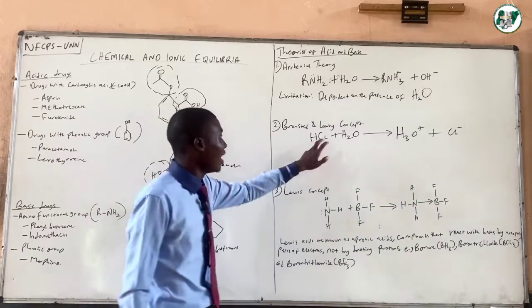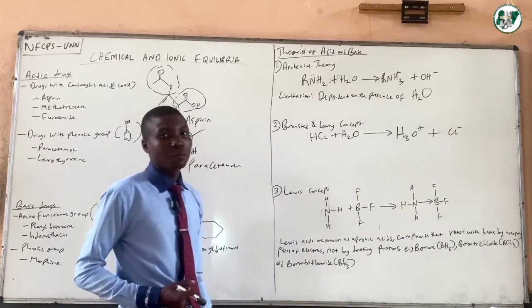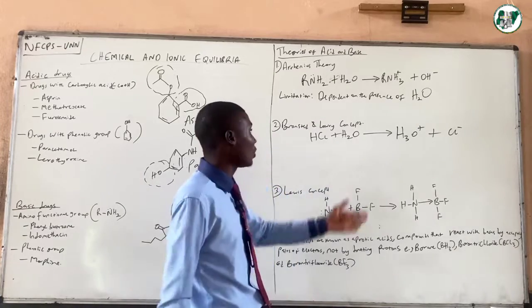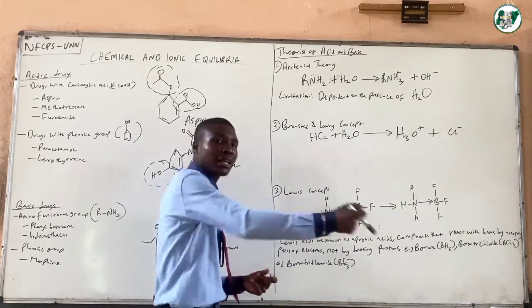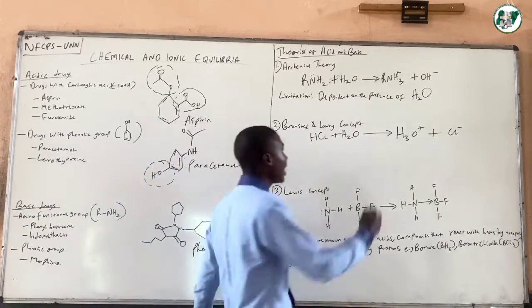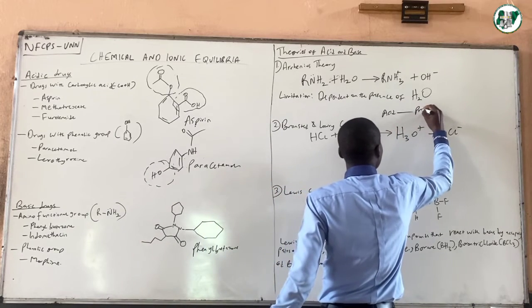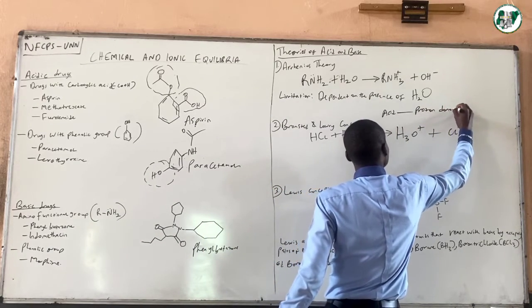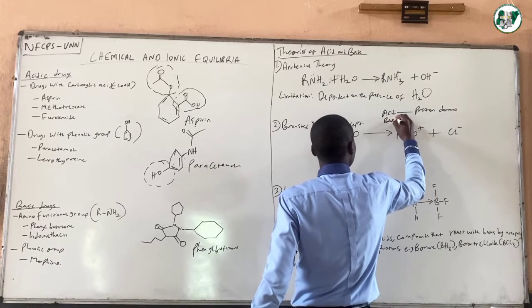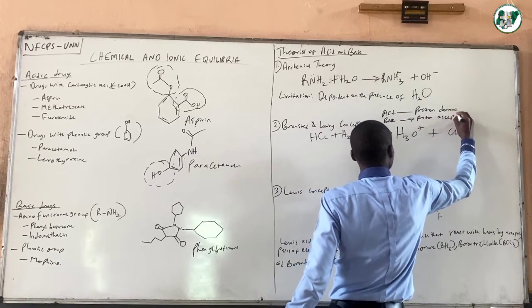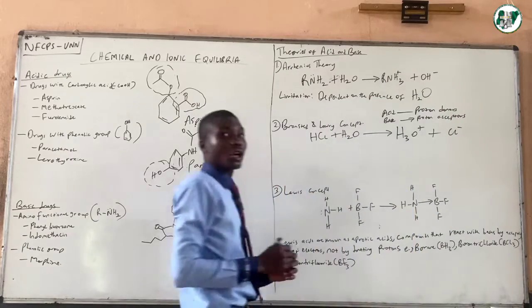What's happening here? The HCl donated a proton to the water. So in this case, water accepted the proton and is referred to as a base, while HCl donated the proton and is referred to as an acid. Like I said, acids in terms of Bronsted and Lowry are proton donors, while bases are proton acceptors.